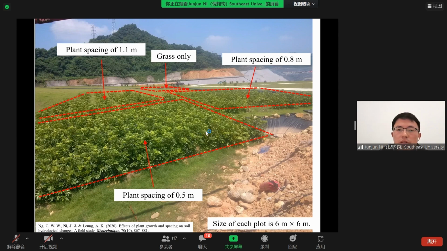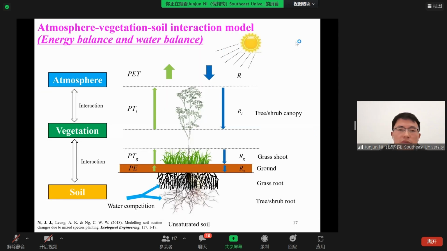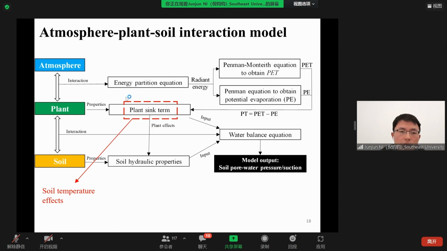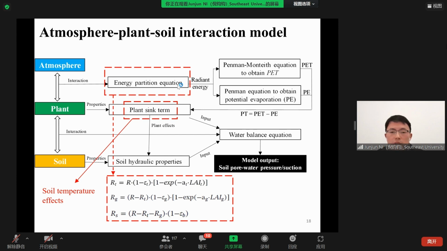So in order to interpret these interactions, I also developed this interaction model, okay, an atmosphere-vegetation-soil interaction model based on the energy balance and the water balance. These are the 3 parts, and considering the different species, when they absorb the water, they have interactions between them. Now, this is the specific framework of this model. The key is the energy partition, so how to partition the solar radiation based on the leaf characteristics, and also the plant sink term.